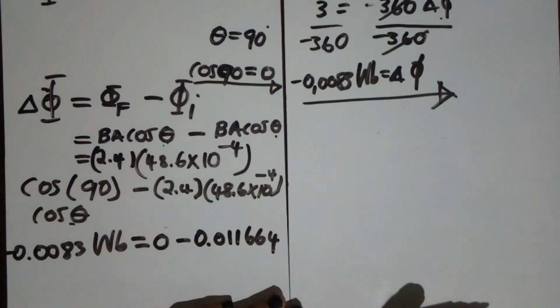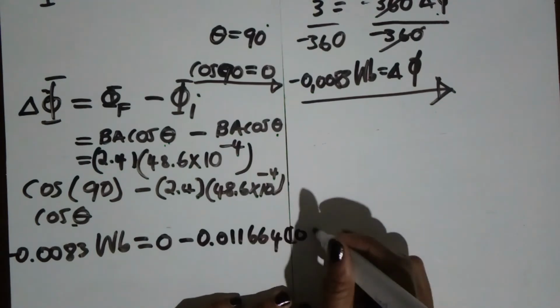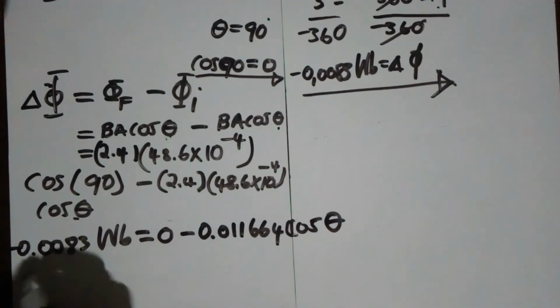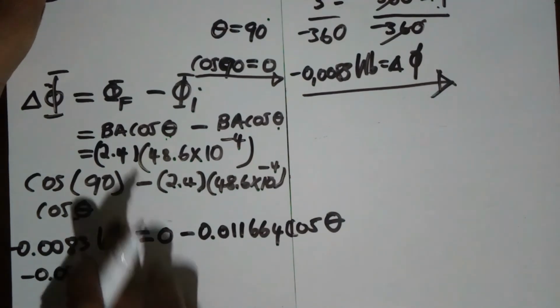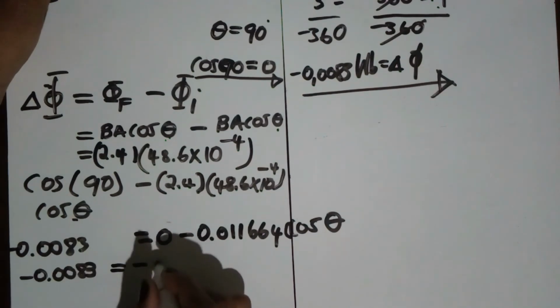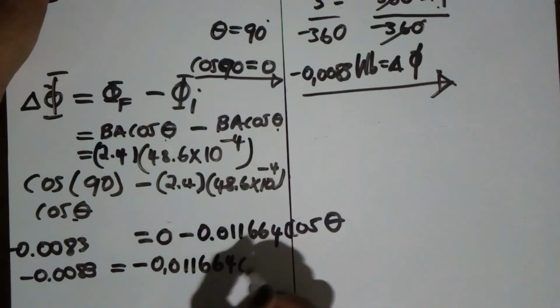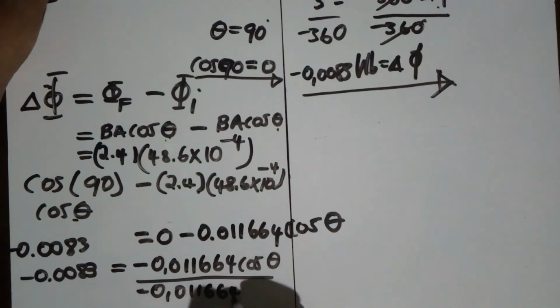So 0, cos of theta, right? Cool. So you find that on this side you have negative 0.0083. This you don't need to include now. And then you have negative 0.011664 cos theta, right? Simply divide both sides by negative 0.011664 so that you can be left with cos theta.